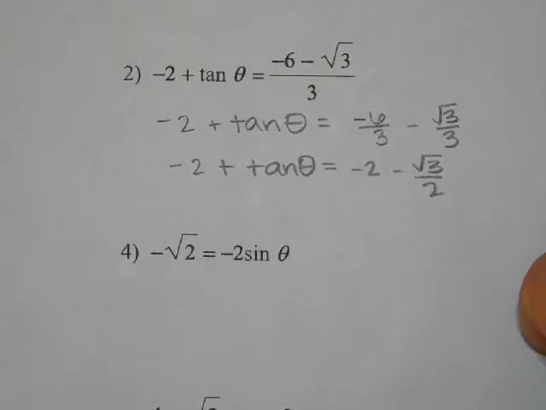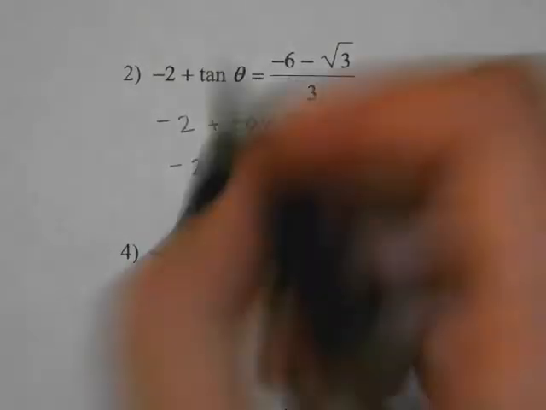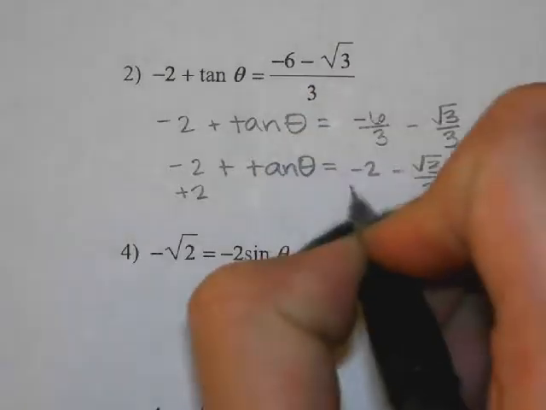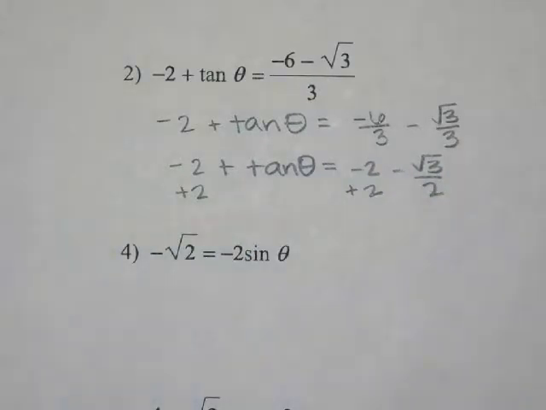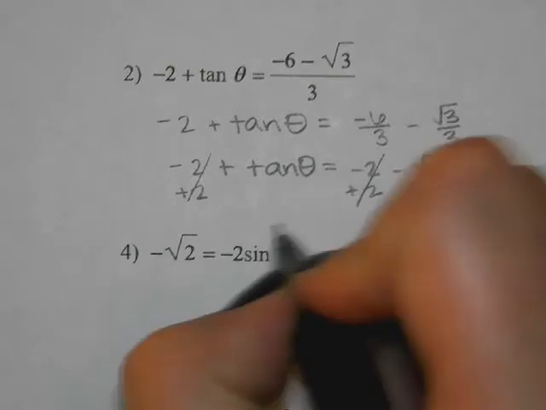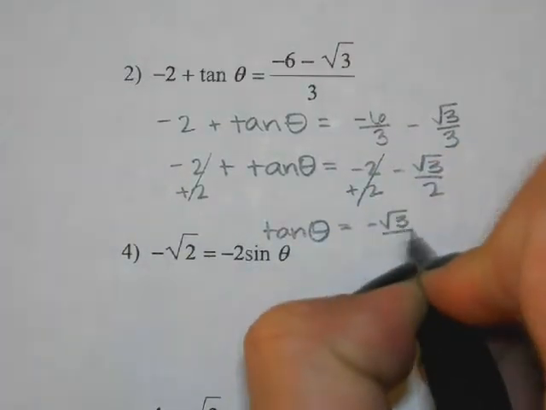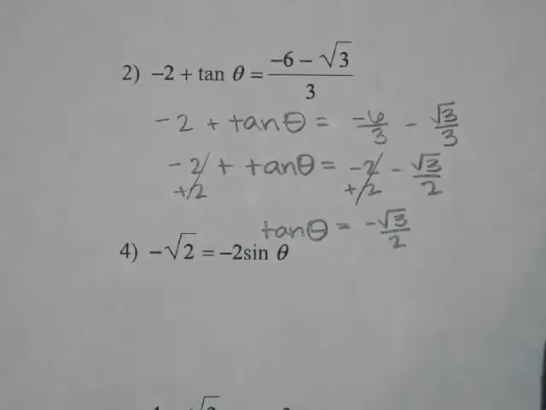So what's going to happen with both of those -2's? They're going to cancel each other out. So if you were like, oh, let me add 2 and add 2, those 2's would go away. So we have tan theta equals -√3 over 3. Sorry, -√3 over 3. That was my bad.